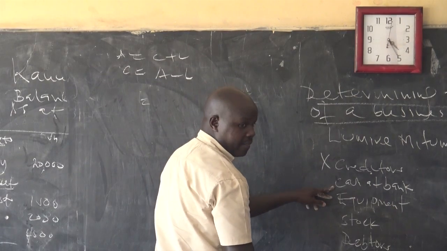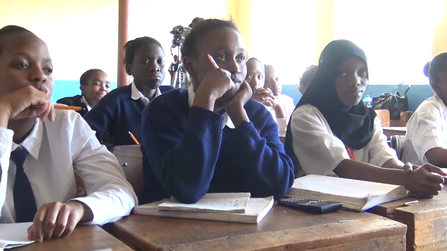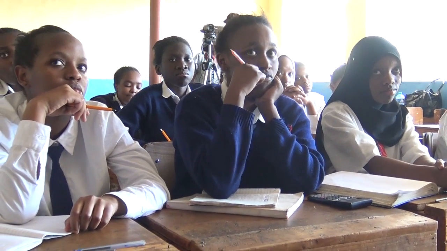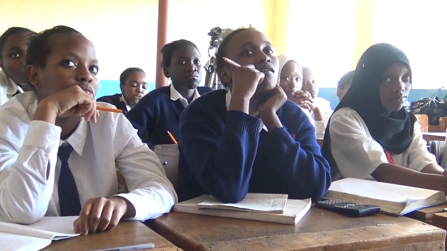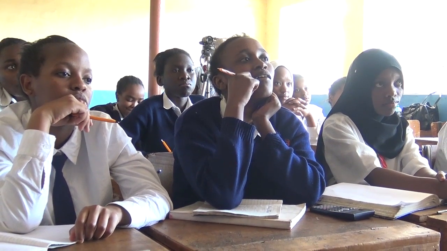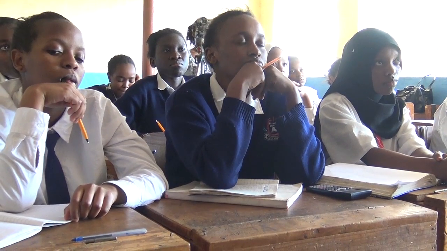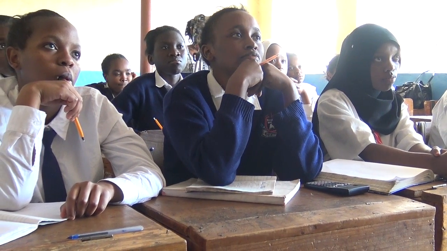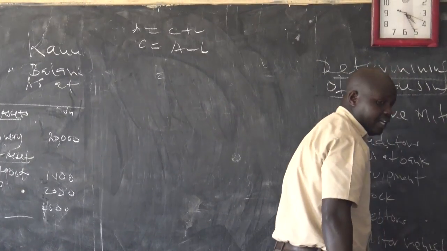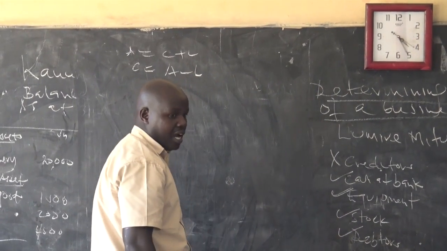Cash at bank, asset. Equipment, asset. Stock, debtors, motor vehicle. So we add all these assets, and minus the liability, and we get our capital.